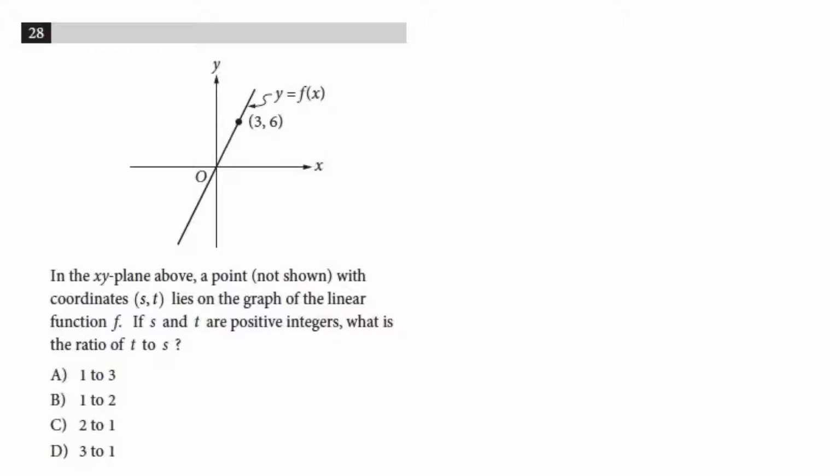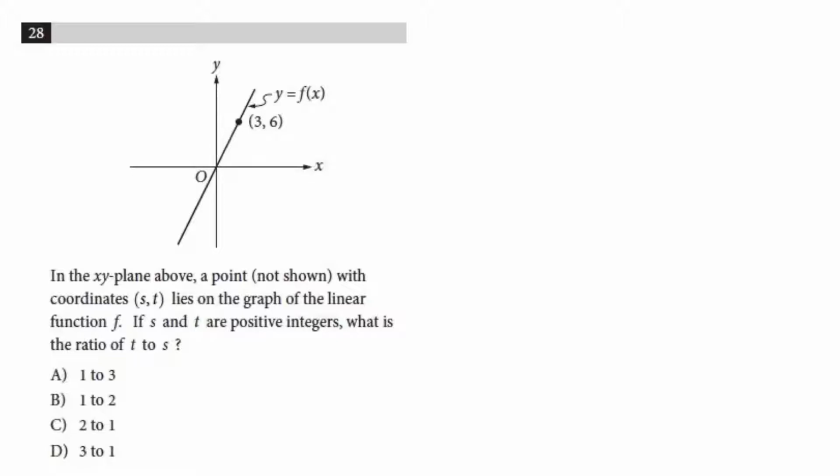28. In the xy plane above, a point not shown with coordinates (s, t) lies on the graph of the linear function f. s and t are positive integers. What is the ratio of t to s?